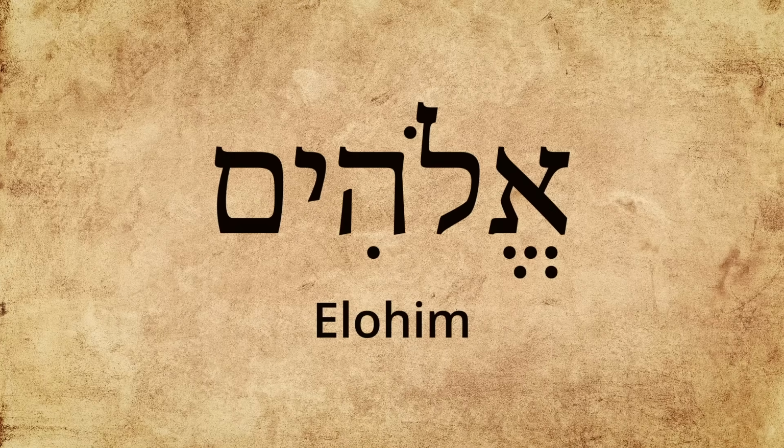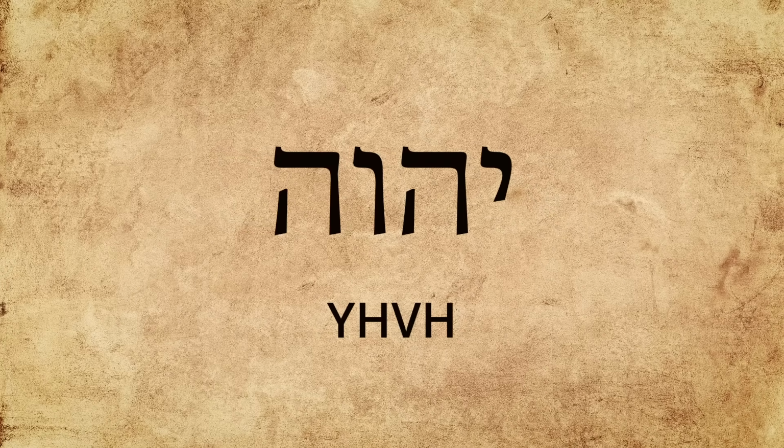Let's dig deeper into this question of El and Elohim and Yahweh, or YHVH. If I understand, YHVH is supposed to mean I am that I am, or I am what I am. Is that incorrect?